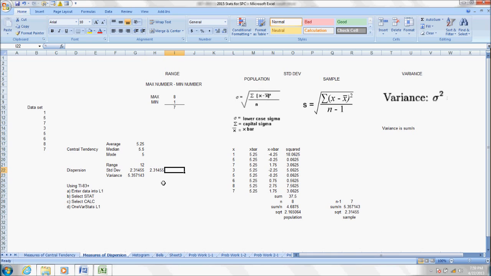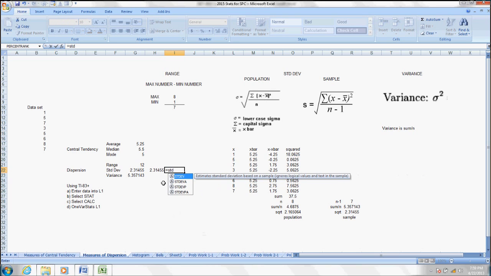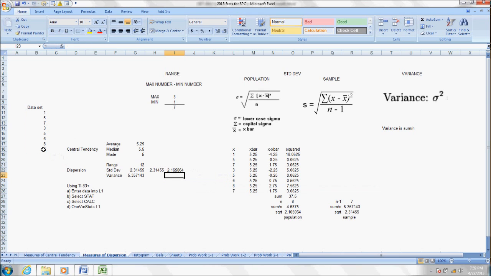And let's say I want population standard deviation. So here you can see STDEV.P does it for the entire population. So you just highlight that, and voila, 2.165. So there's these numbers right here, right here. So depending on which one you want, whether it's the whole population or sample, you just have to select the right one.